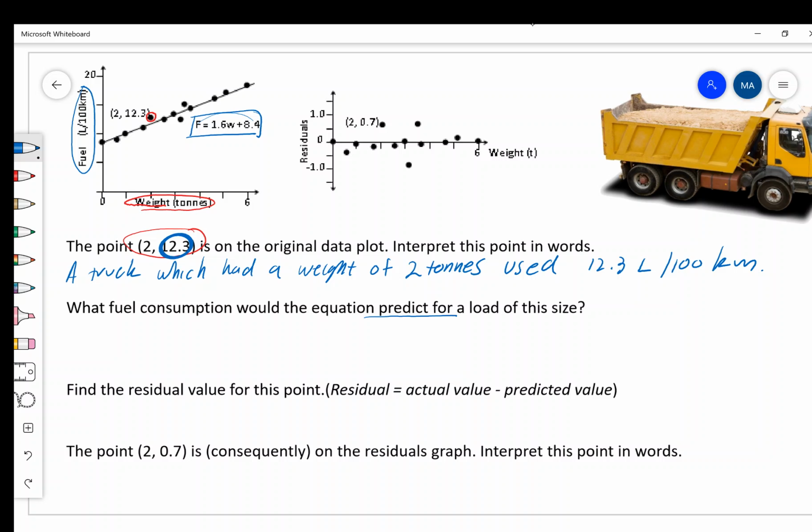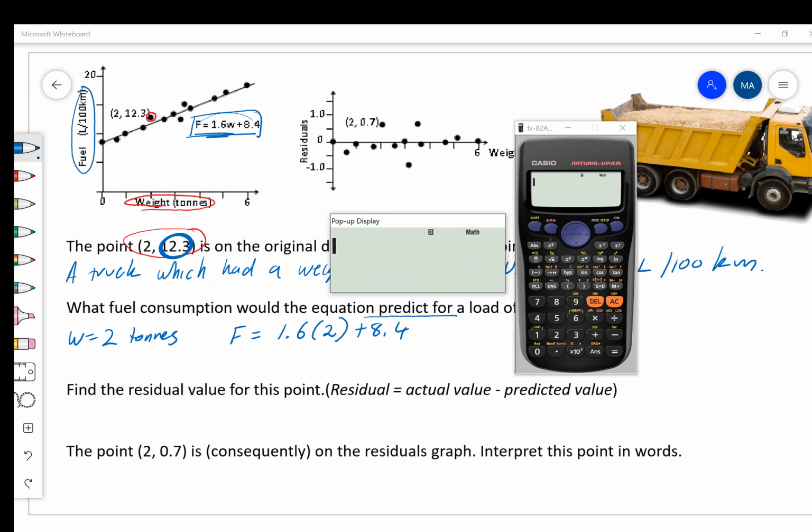So we're going to substitute that value, W equals 2 tonnes, into this equation. The fuel consumption would be equal to 1.6 times 2 plus 8.4, and that is 11.6 litres per 100 kilometres.